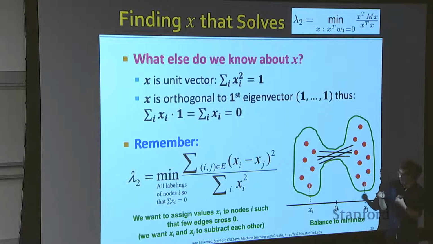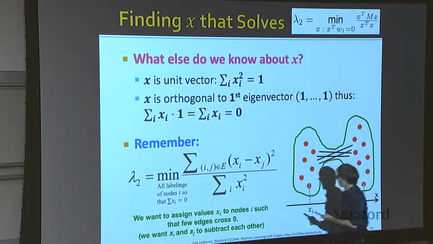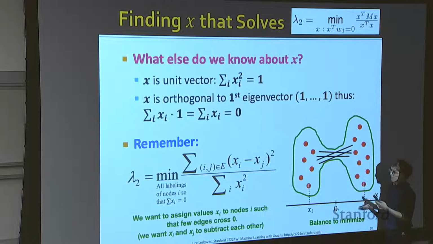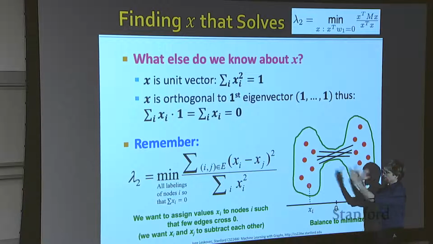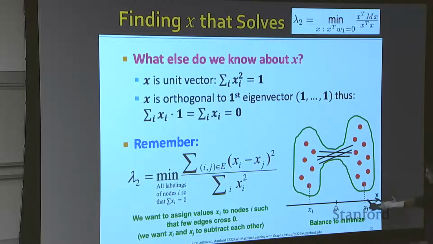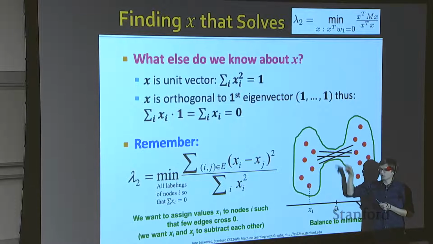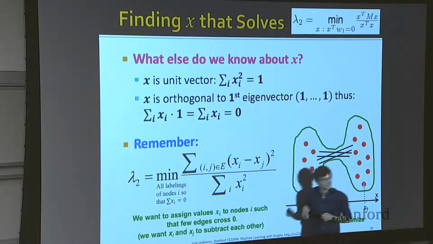The only time this term will be big is when an edge goes across 0. So by solving this minimization problem, we are putting about half of the nodes to the left of 0 and half to the right of 0, such that the number of edges that cross is as small as possible.